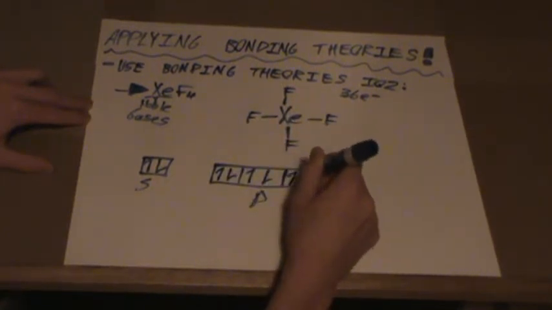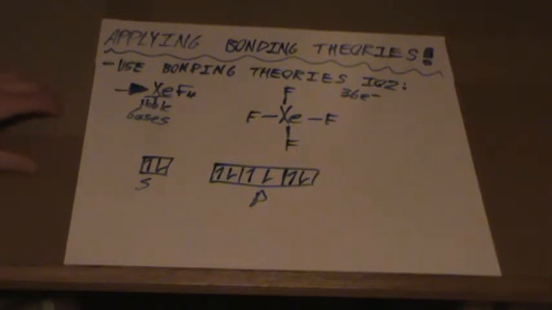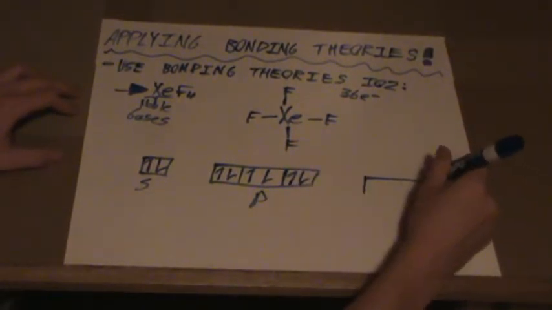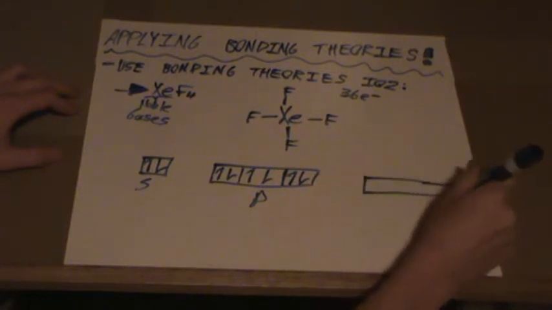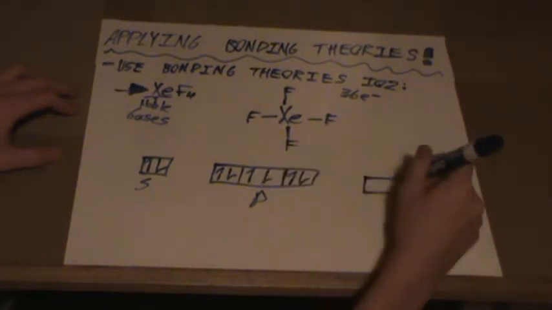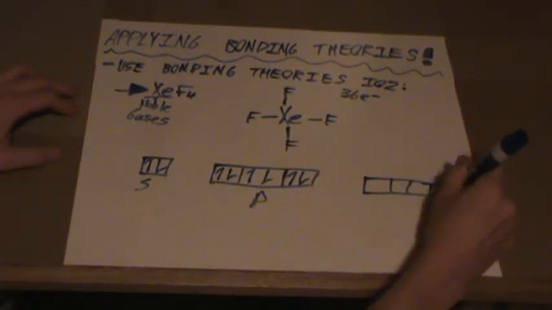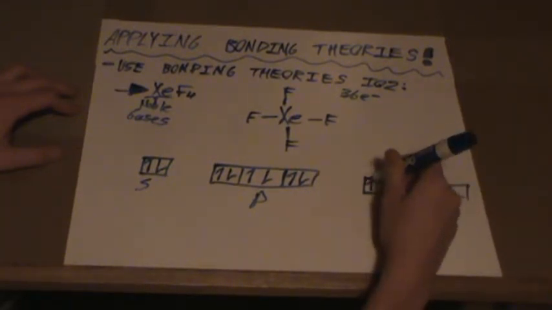But because of how low it is down in the periodic table, it also has access to d orbitals. And these orbitals are going to have to be a lot smaller than these P's. Alright, let's make it work.